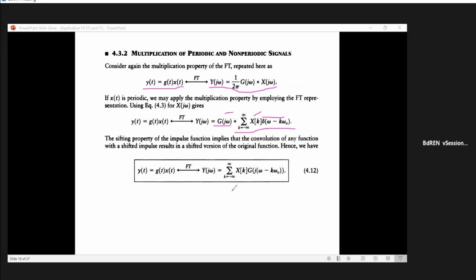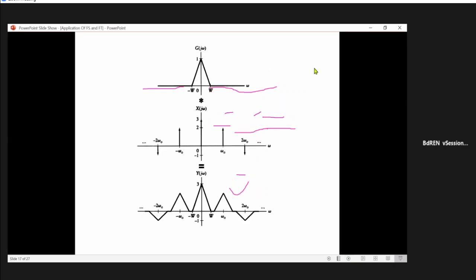So this is the transform of your output: it will be a shifted version of the spectrum of G(omega), scaled by a factor that is the Fourier coefficient of your signal x(t). Okay, this has applications in sampling.